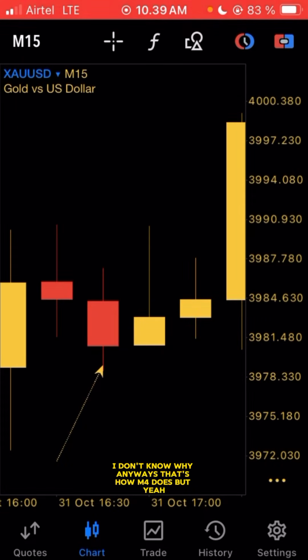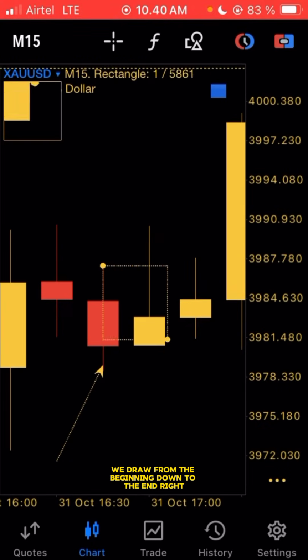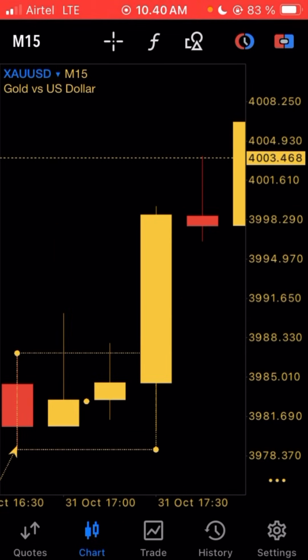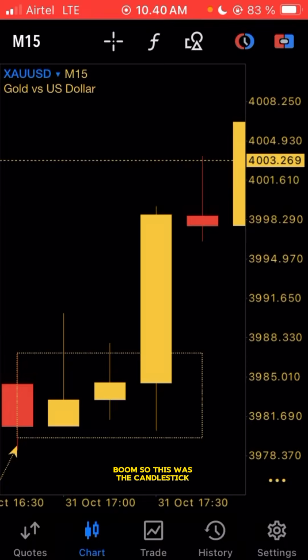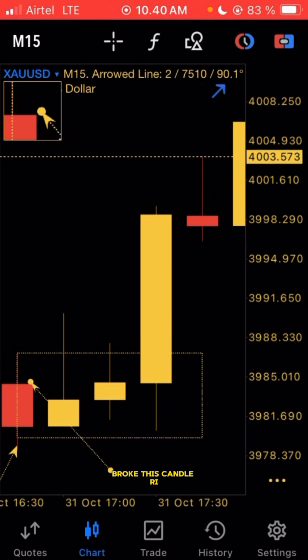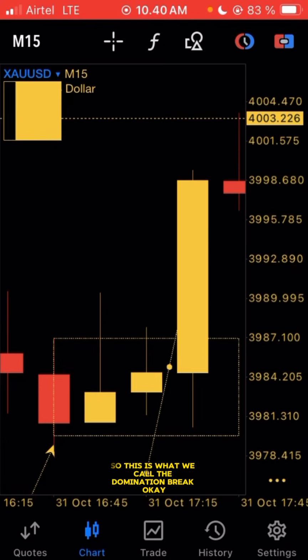Anyways, that's how MT4 does. But yeah, you look at this candlestick right there. We draw from the beginning down to the end, and then we extend, and guess what? Boom. This was the candlestick that broke this candle right here. So this is what we call the domination break, okay?